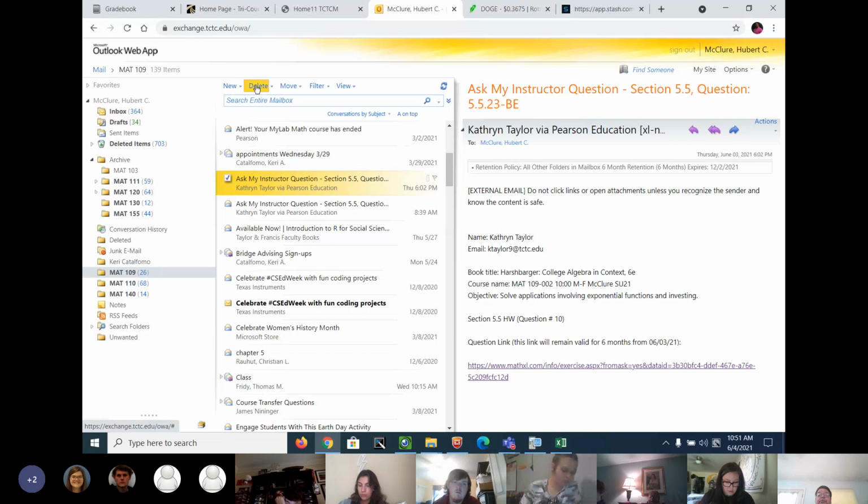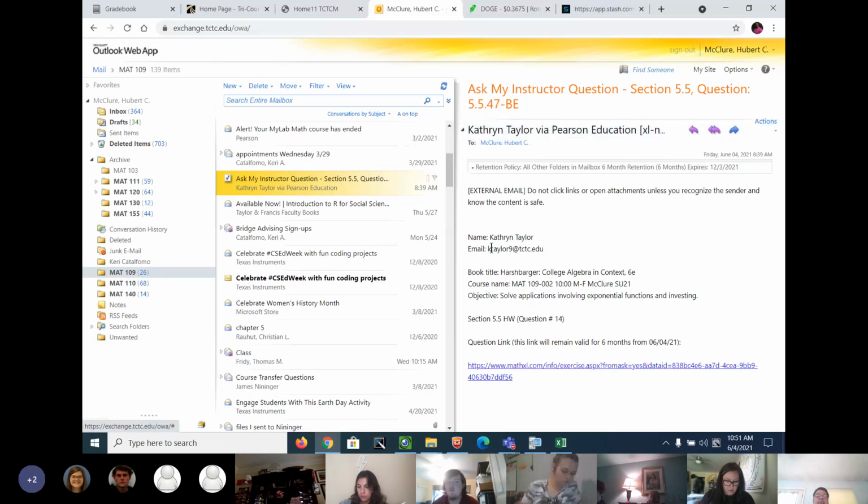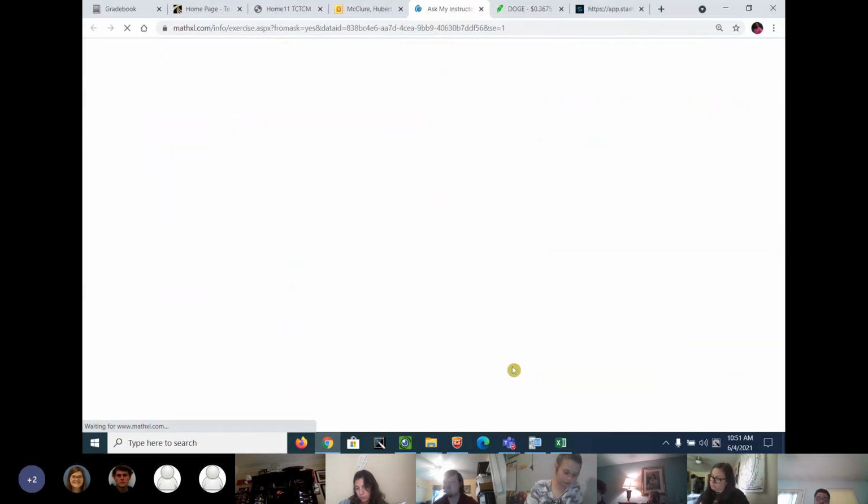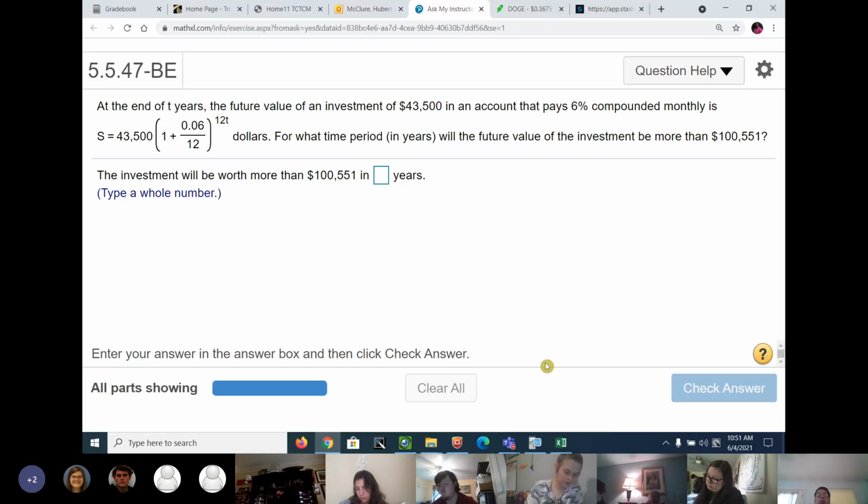Delete. This is 5.547. Okay, at the end of T years, the future value of an investment P is equal to 43,500. They give you the formula right there.